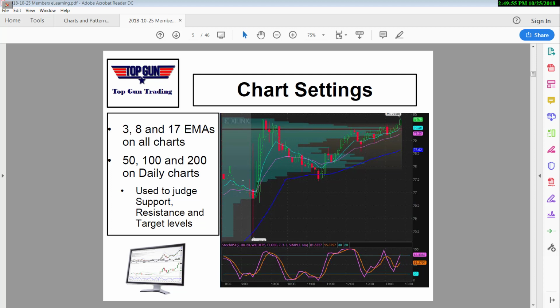I believe I'm missing a slide. Maybe not. I want to make sure I cover all the concepts. Share sizing, trade examples, question. Nope, we got it. All right.